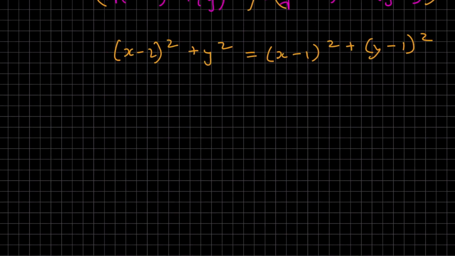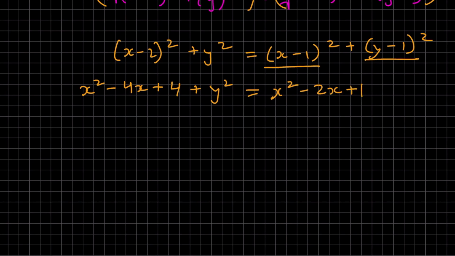So this first one over here, we'll get x squared minus 4x plus 4 plus y squared. For this part over here, we will get x squared minus 2x plus 1. For this part over here, we will get y squared minus 2y plus 1. We can now begin to group terms and start to simplify.